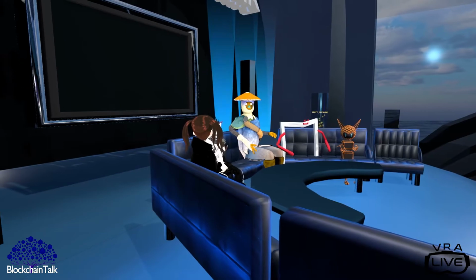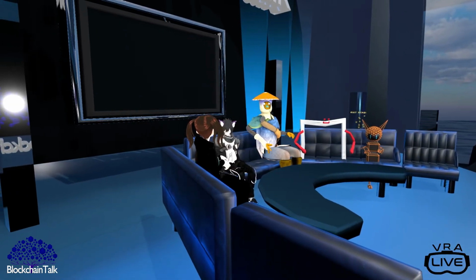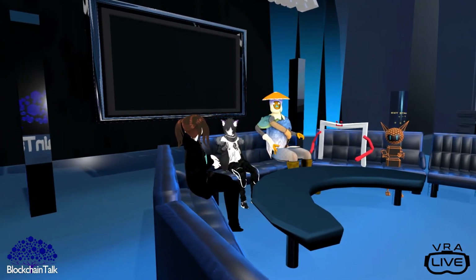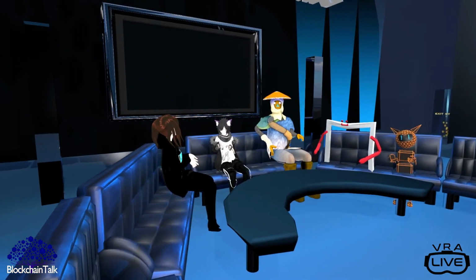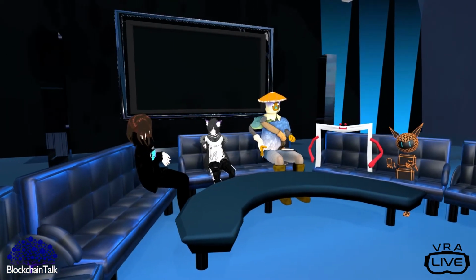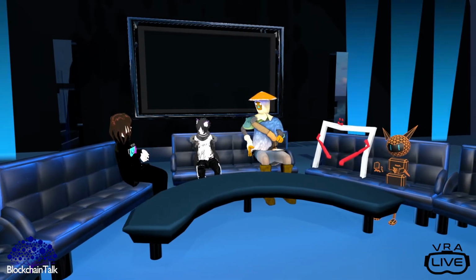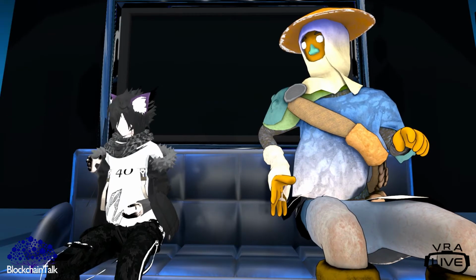What we're waiting for now is Tezos. Tezos is about to be standard in OpenSea, so OpenSea is going to pretty soon start accepting Tezos.